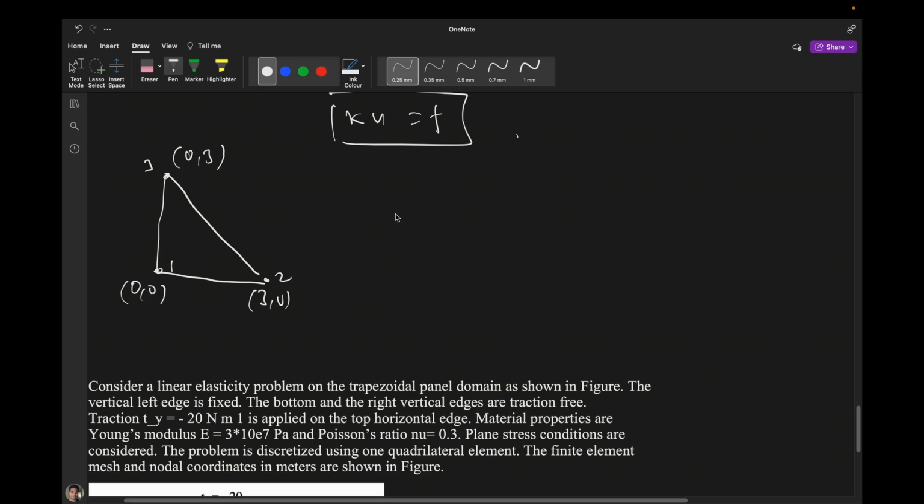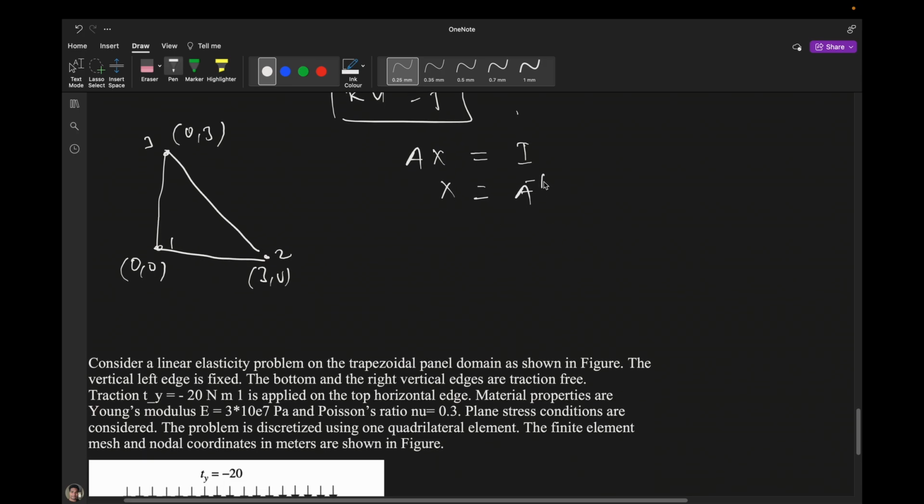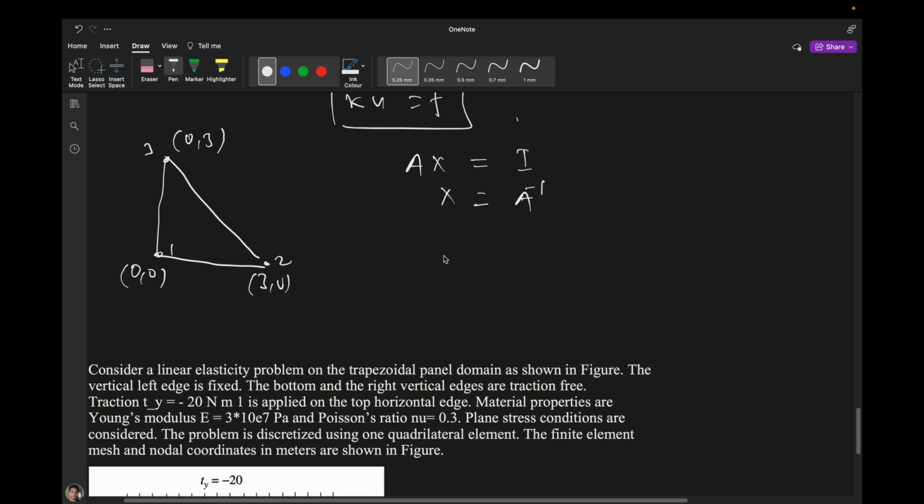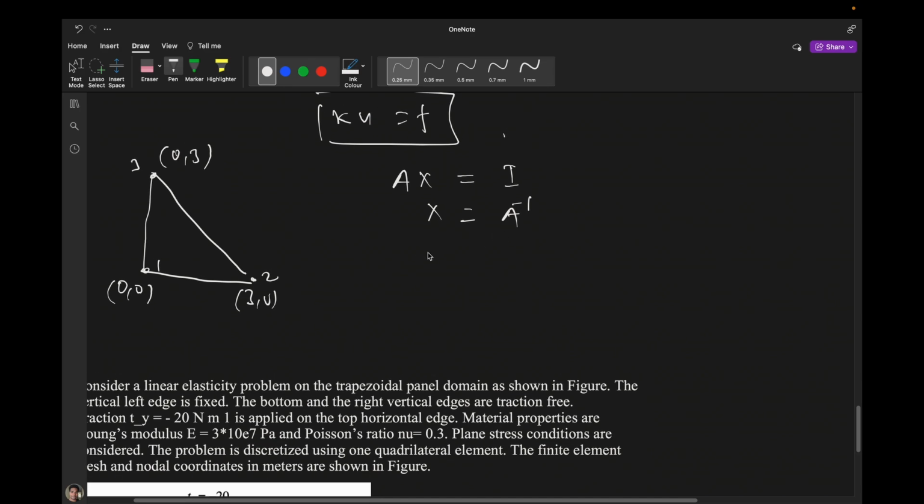So we already know how to find the shape function. So that is A x equal to I, and x will be A inverse. Okay, and the entries will be the solution of the transpose of that. And what is the A inverse?